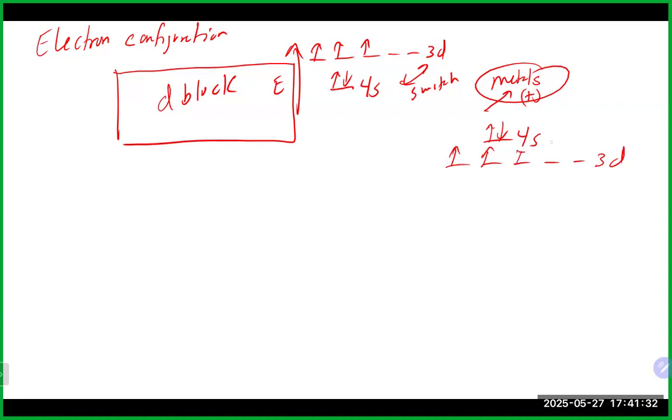What that affects is that when these transition metals become ions, they lose those s electrons first, and then if necessary, they delve into the d orbitals to remove the rest of the electrons they may need.